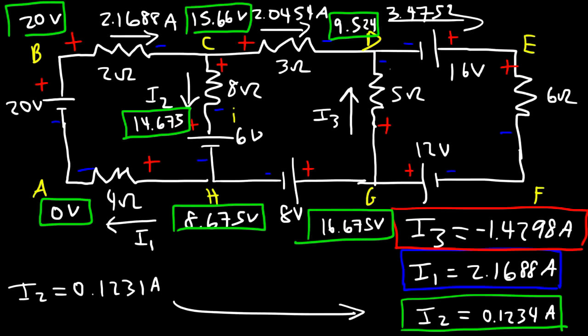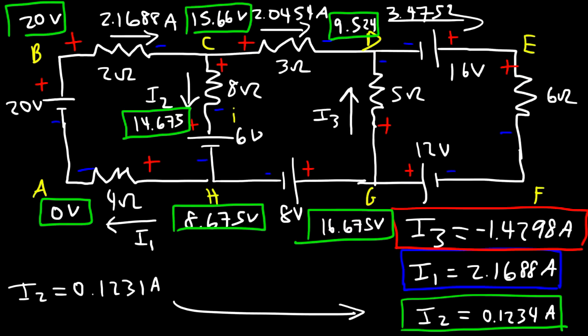So now let's calculate the potential difference between D and G to confirm the value of I3. So notice that we're going from a high potential of 16 volts to a low potential of like 9.5 volts. And so it makes sense that the current is going in this direction. So 16.675 minus 9.524, that's a voltage of 7.151.